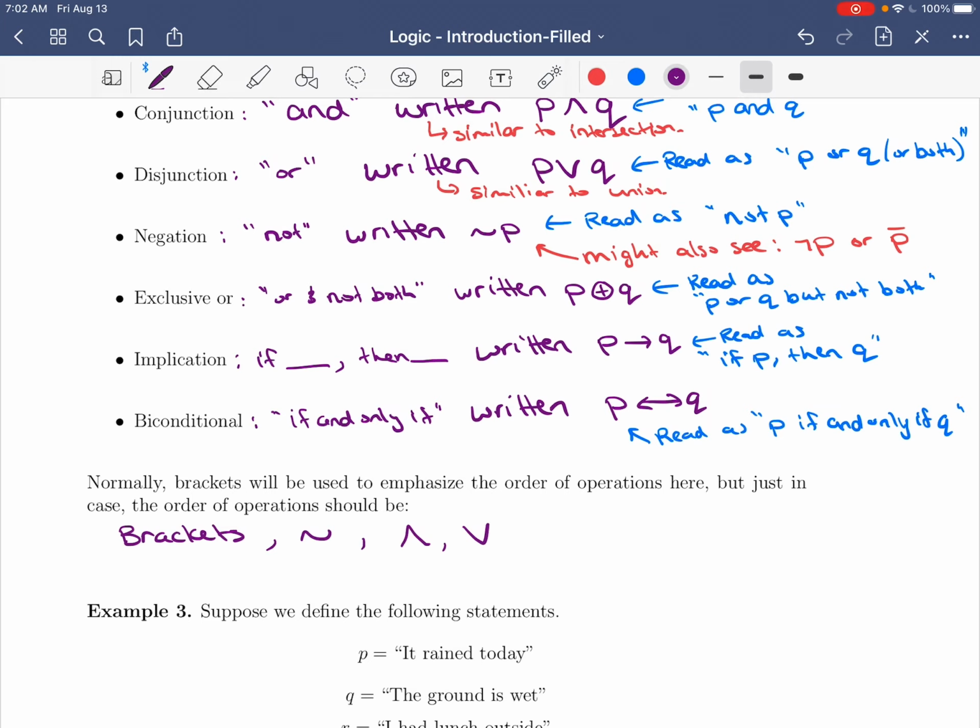So these are, and I guess the exclusive or, so all those things, and then the implications. Okay, so this is like 1, 2. These guys are all kind of similar, as are these. Okay, but I'm going to use brackets on anything in our class, and most people do, but just in case.